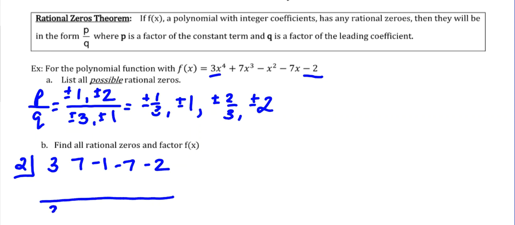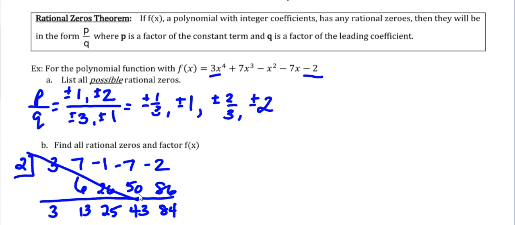Bring down the first term, multiply and add, multiply and add. Now I'm starting to get nervous that this is not going to work out, and if you are sure, you can stop. You can abandon ship anytime you want. Once you realize that 2 is not a 0, that one is no good, but you had to do the work to find it out.